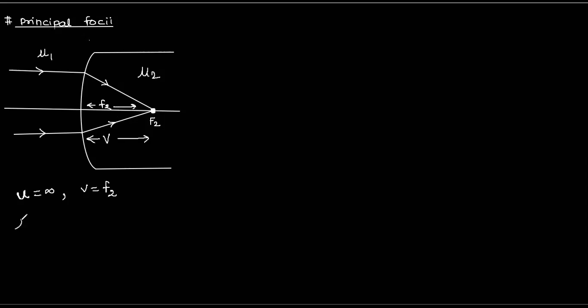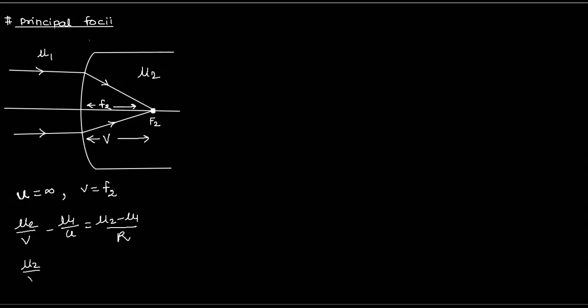Now let's use the formula: mu2 by v minus mu1 by u is equal to (mu2 minus mu1) divided by R. Now u is infinity, and mu1 divided by infinity is 0.